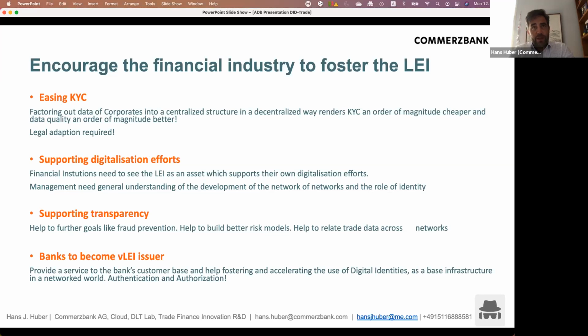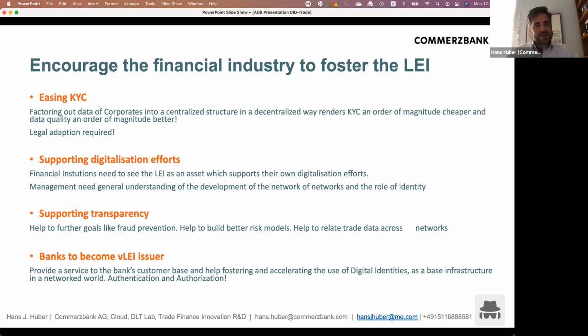Banks should therefore become VLEI issuers. They should promote this digital identity among their customers. And this would actually be a service to these customers, since also in our customer base, and I think you can generalize that for other banks as well, the know-how about what digital identities will do and can do can still be increased.